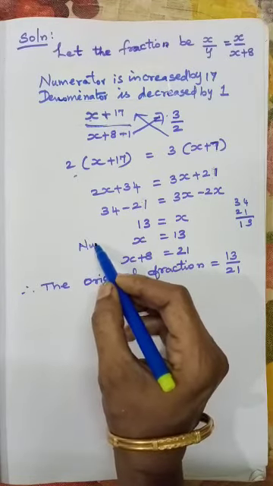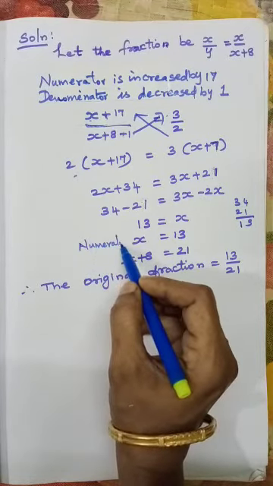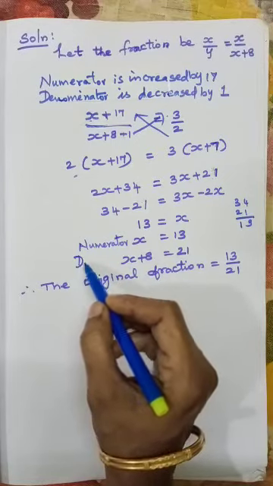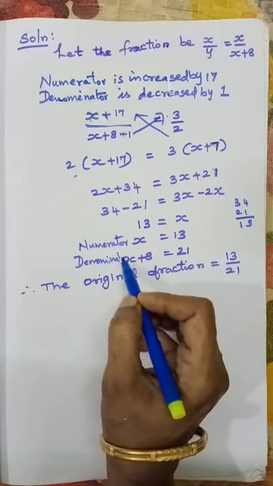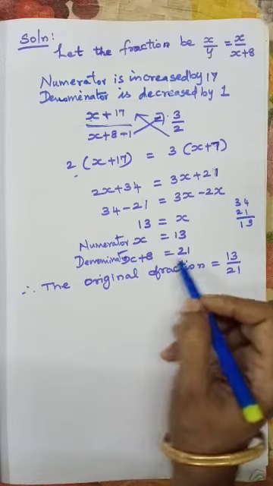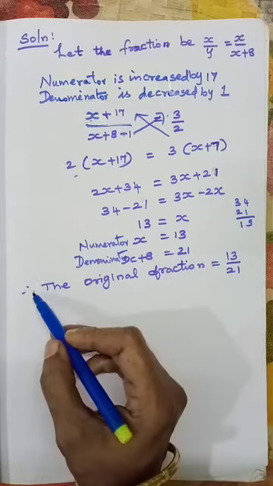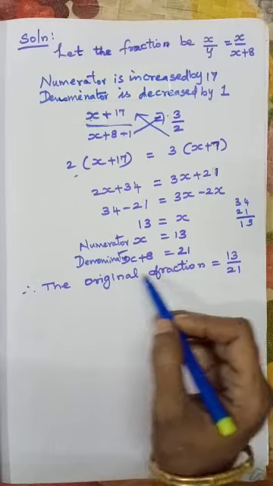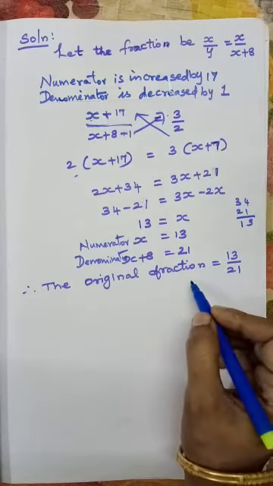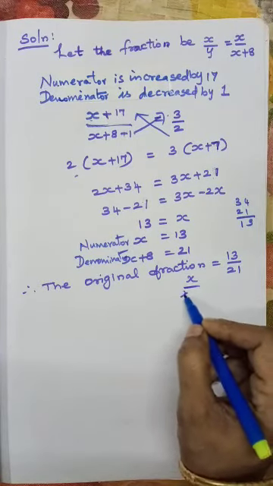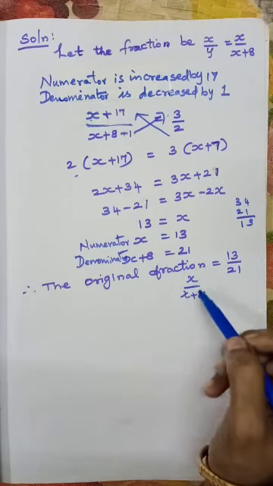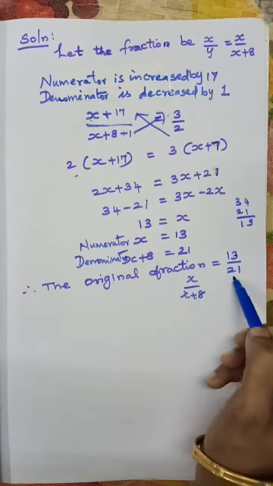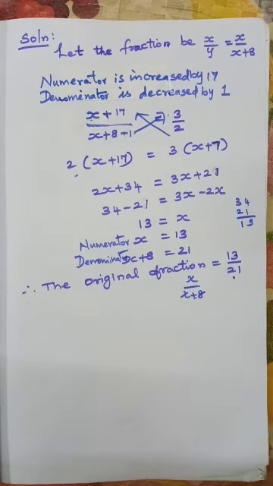X is the numerator. The denominator x plus 8 is equal to 21. So therefore the original fraction is x by x plus 8, which is 13 by 21. Thank you. Have a nice day.